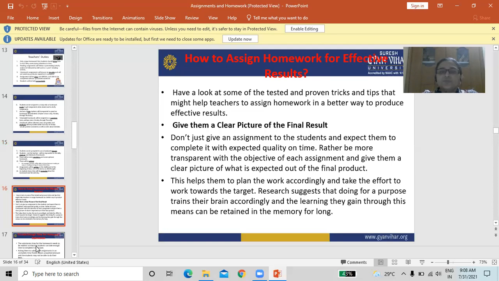First one is: give them a clear picture of the final result. Do not just give an assignment and expect students to complete it with the expected quality on time.